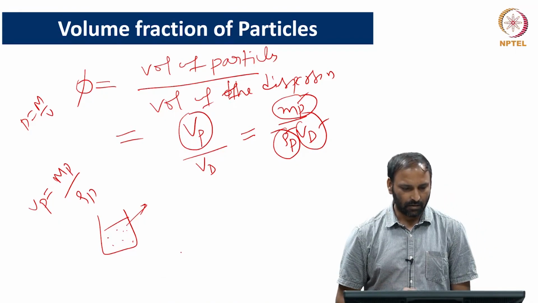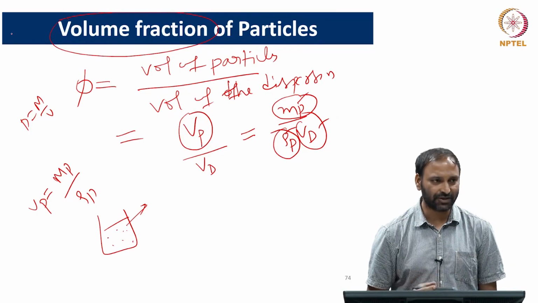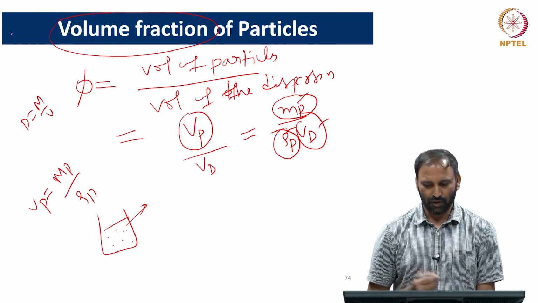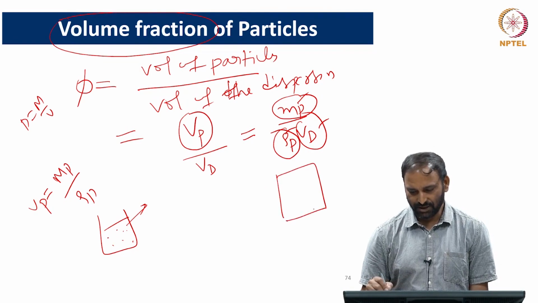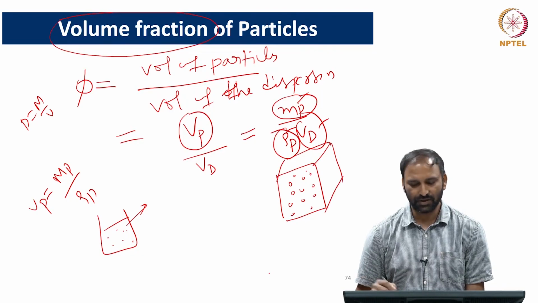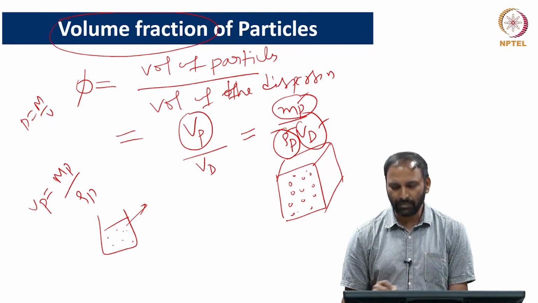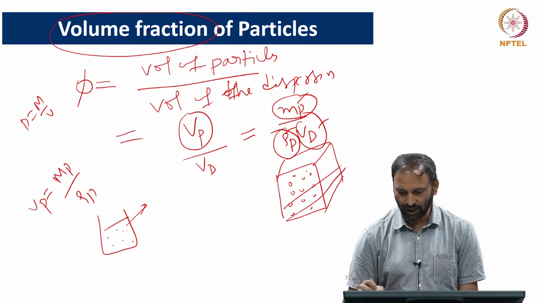Okay. Again, there are other ways of measuring particle volume fraction. You could think about, for example, say that I have a dispersion that contains particles, right. Okay. So, if this is in a 3-dimensional volume, what you can do is I can actually get images of this container which has these particles, and I can get an image at every location.